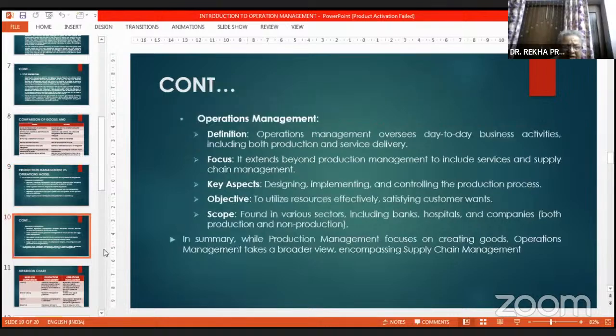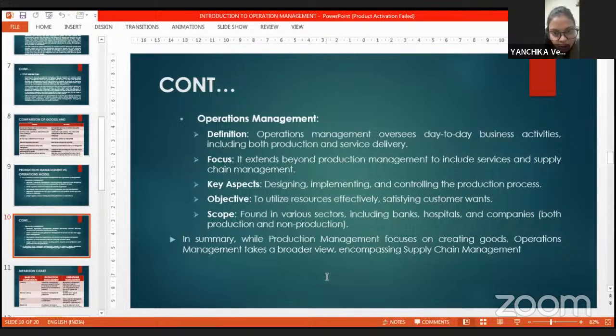Then operations management. Operations management oversees day-to-day business activity, including both production and service delivery. Focus extends beyond production management to include services and supply chain management. Key aspects: designing, implementing, and controlling the production process. Objective: to utilize resources effectively, satisfying customer wants. Scope: found in various sectors, including banks, hospitals, and companies, both production and non-production.